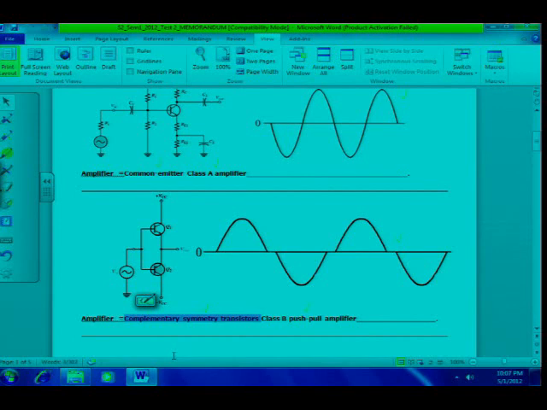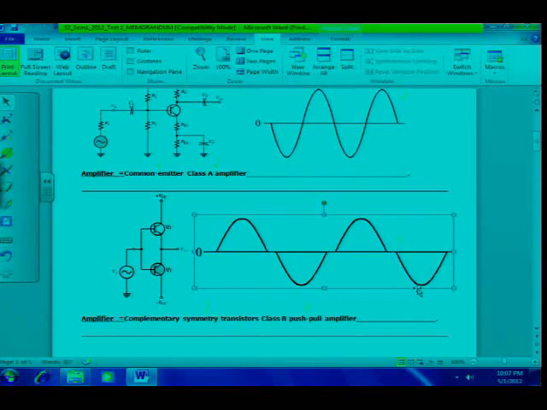And of course it's a class B push-pull amplifier. It's not just a class B amplifier. Now, class B amplifier only amplifies the positive alternation. So it's a class B push-pull amplifier for 1 mark, and we're using the complementary symmetry transistors method. And I can see here on the output waveform that I have my crossover distortion still there. Right? So it's not a class AB. Remember, class AB is the one that is biased as well.